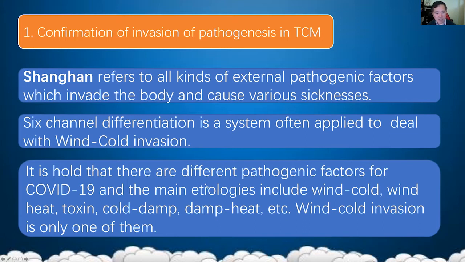As we know, the external invasion of pathogenic factors for COVID-19 includes different aspects. For example, here we have listed wind cold, wind heat, toxin, cold damp, damp heat, etc. So it means that if we use 6-channel differentiation, we are not going to cover all aspects of the pathogenic factors.